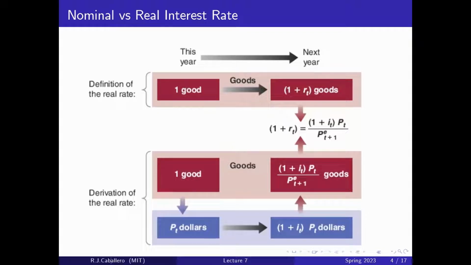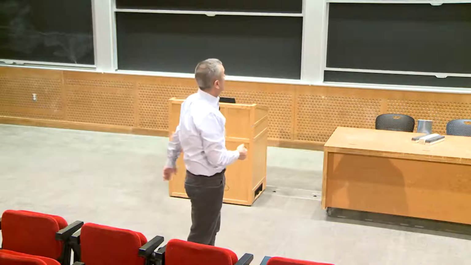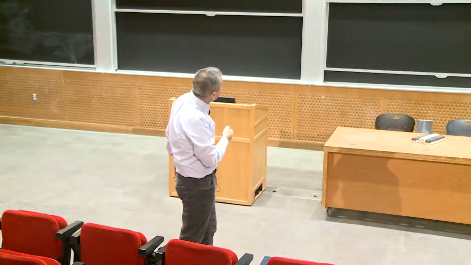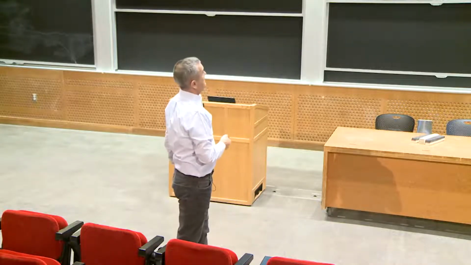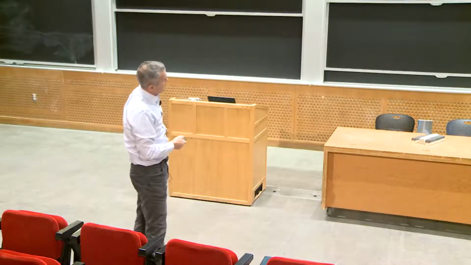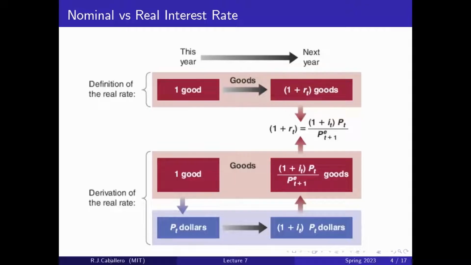But the problem is that at time t, I don't know what P_{t+1} will be. The best I can do, and here's where I'm simplifying things a lot, is to have an expectation of what the price level will be 1 year from now. So the best I can do when I want to compare things today, whether I want to go this way or that way, is to use the expected price here.